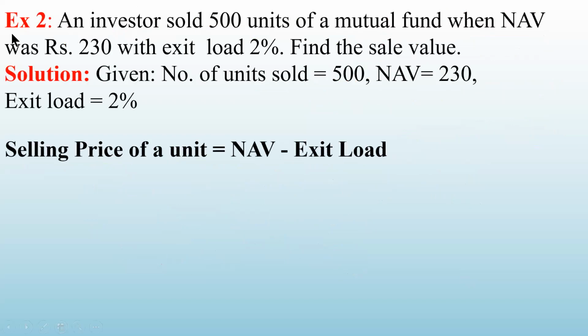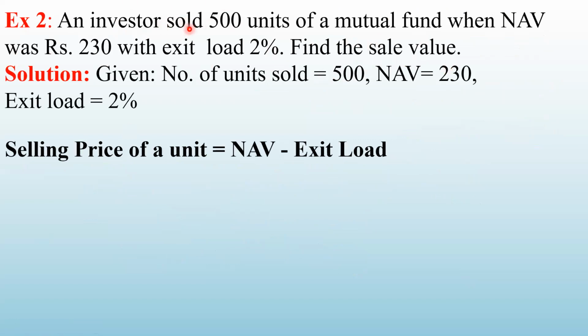Look at the next question. An investor sold 500 units of a mutual fund when NAV was rupees 230 with exit load of 2%. Find the sale value. Look here, in this question, the units are sold.